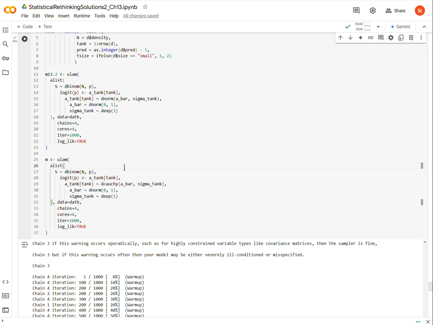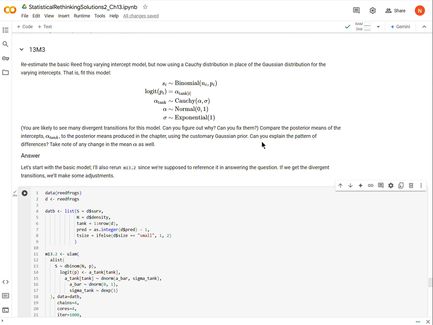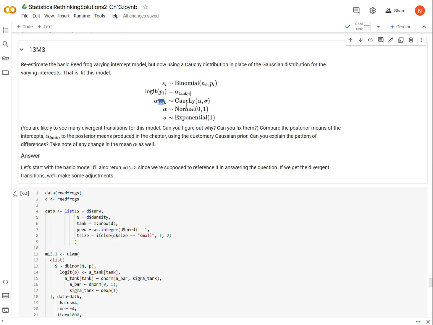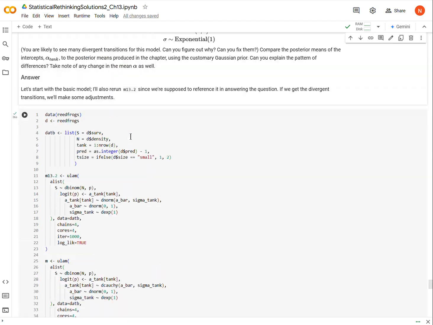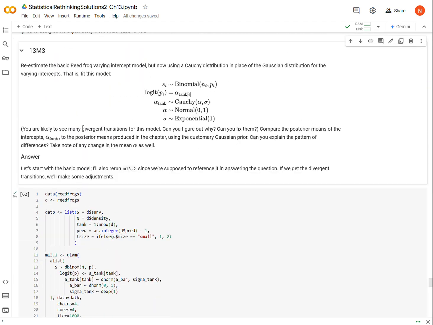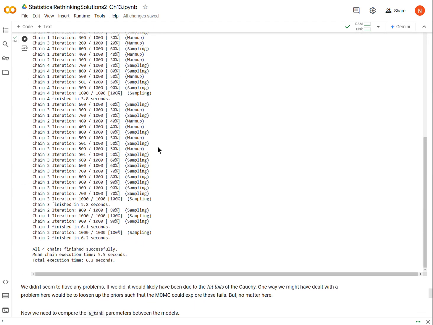So anyway, we're going to compare the alpha tank estimates between the two problems here. I've already run these models. It tells us that we may have some divergent transitions. Why, and can we fix them? At least when I run this, I get no divergent transitions.